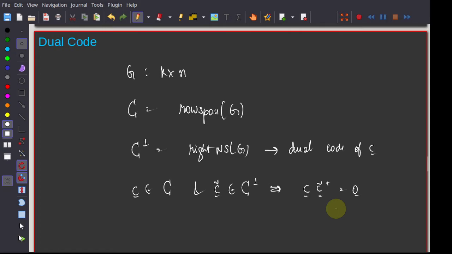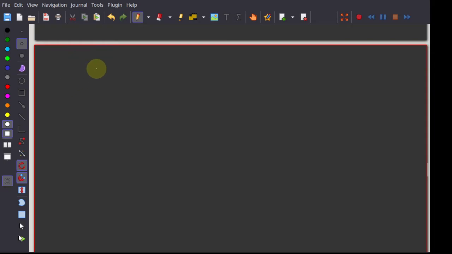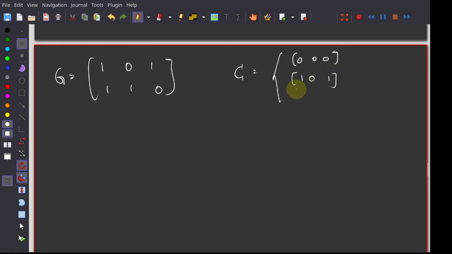So let's take an example. Go back to that code that we had, 0 1 0. Let us take this to be G. So C consists of the following code words: 0 0 0, 0 1 1, 1 0 0, 1 1 1.